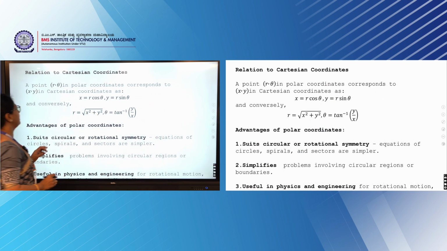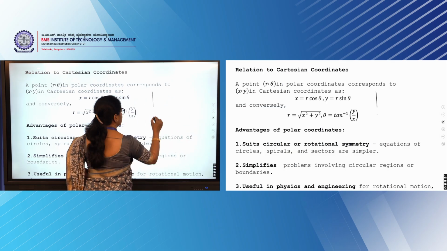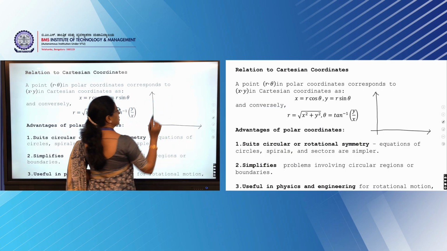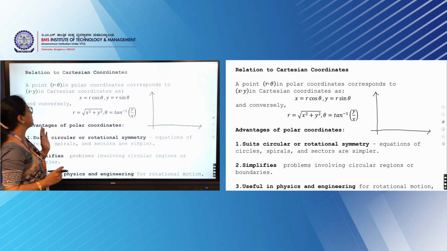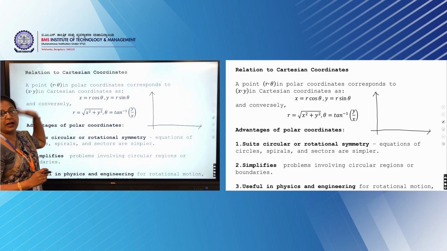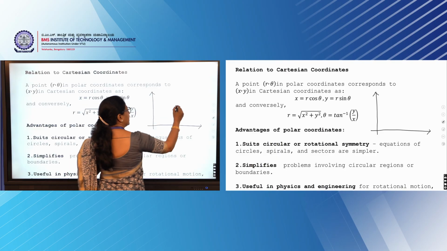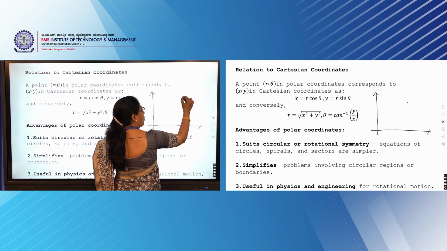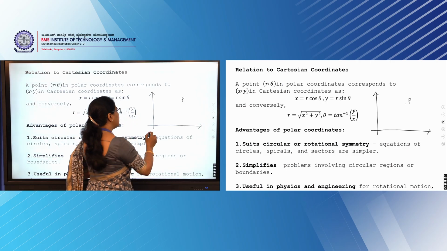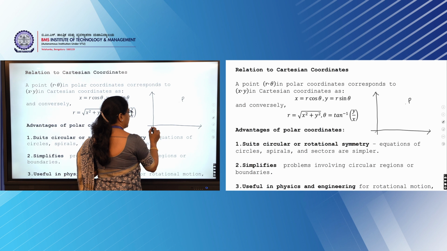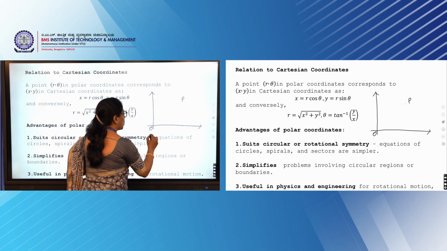How do we represent it? We have just two lines. Now, in polar coordinates, what are the coordinates we have? We have r comma theta. What is that r? It is the distance of the point P from a fixed point, I take that point as O, which is called the pole.